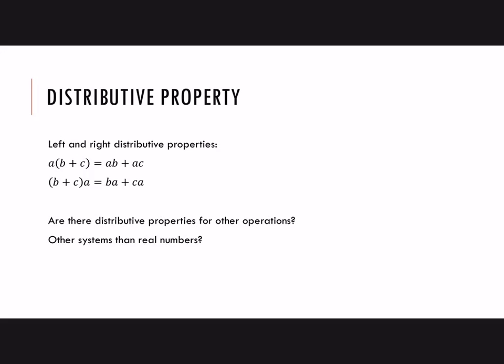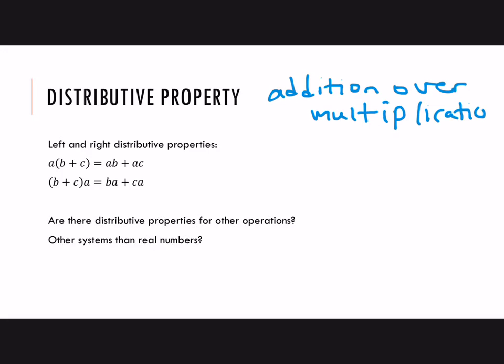What about if I change the operation on the outside? Is there a distributive property for addition over multiplication? So in other words, is A plus, in parentheses, B times C, the same as, I'll put a question mark because we don't know, A plus B, and then times A plus C?